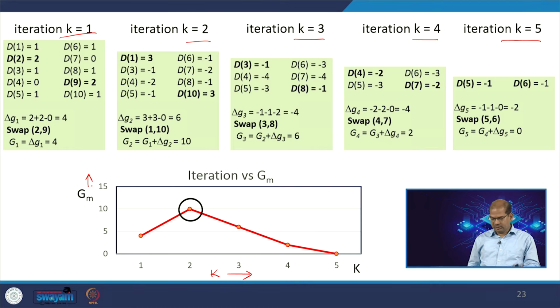If I plot this, which iteration is giving me maximum gain, that I should choose. If you can see here, k equals 2 is giving me my maximum gain. This is corresponding to this point in the graph. So, that is the best choice.